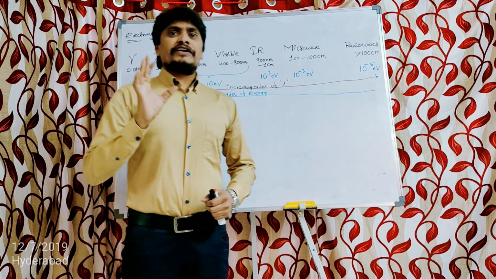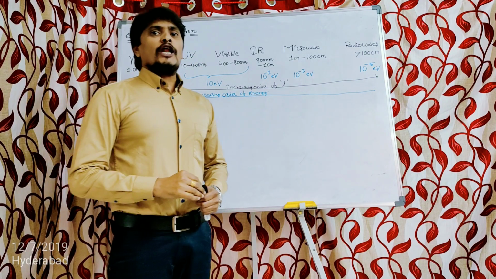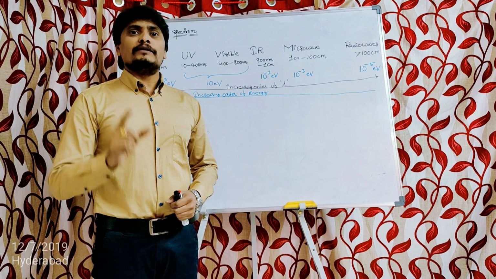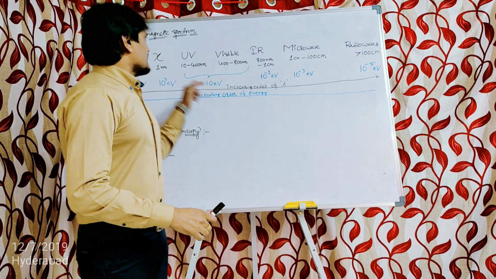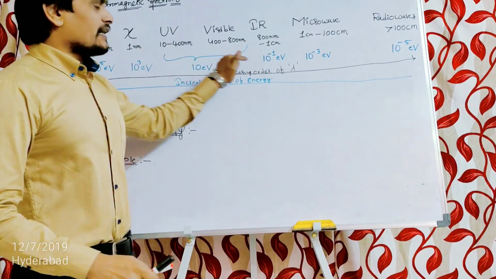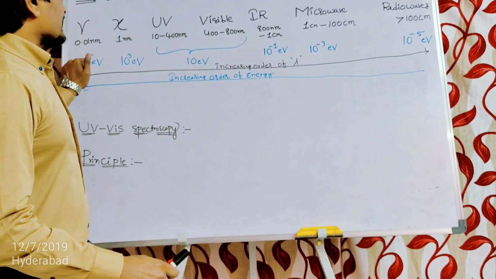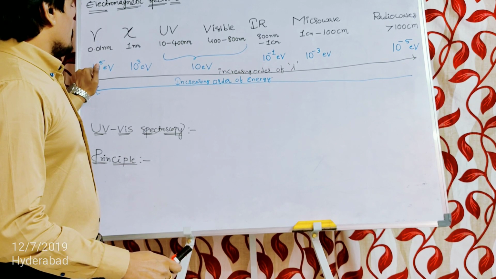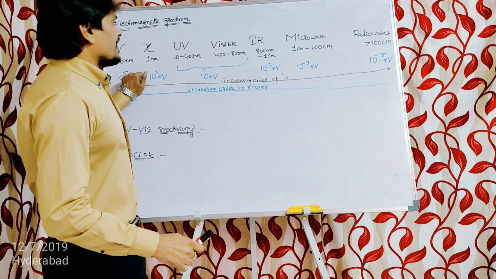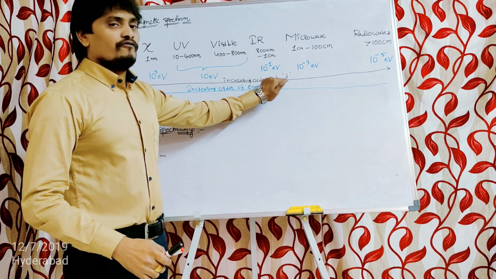So let us recapitulate the electromagnetic spectrum which has been discussed in the previous video. This is the electromagnetic spectrum, and in this electromagnetic spectrum, the electromagnetic radiations are arranged in the increasing order of wavelength.